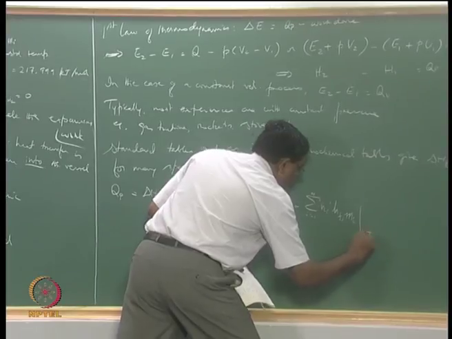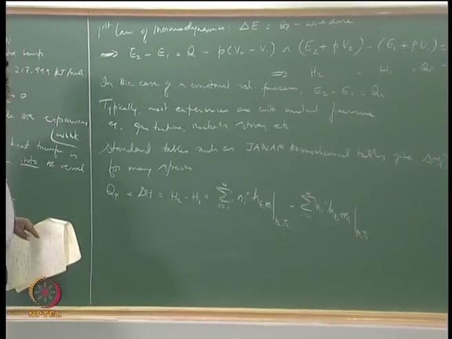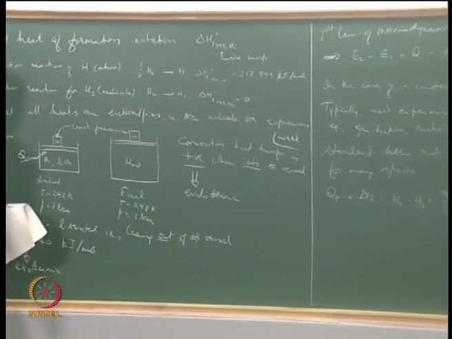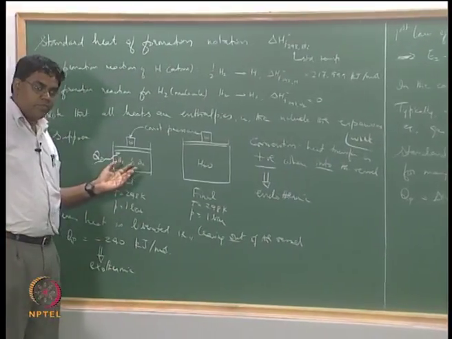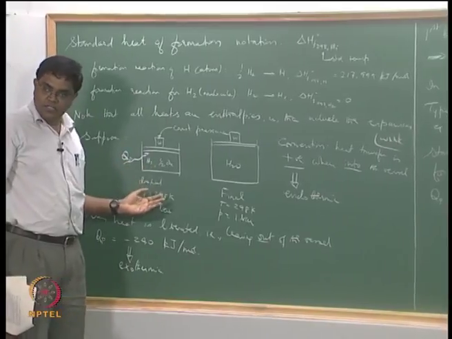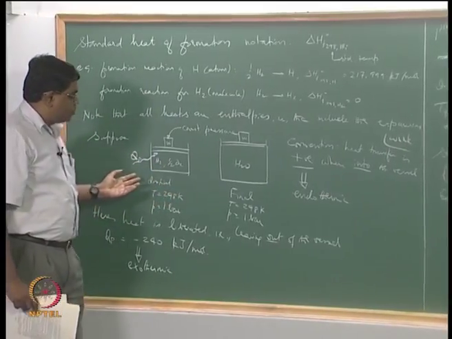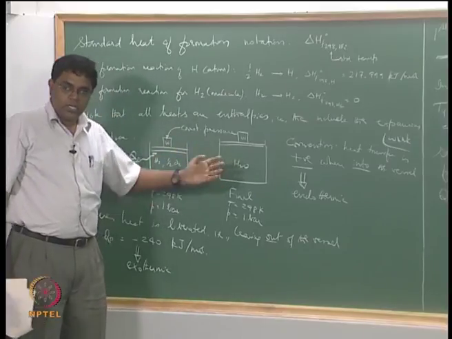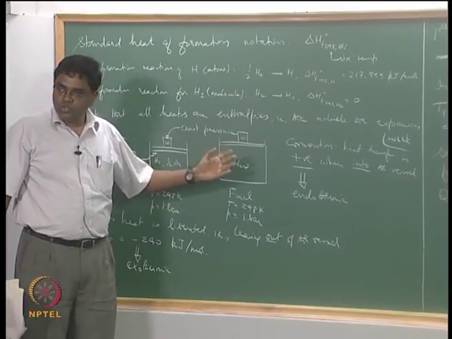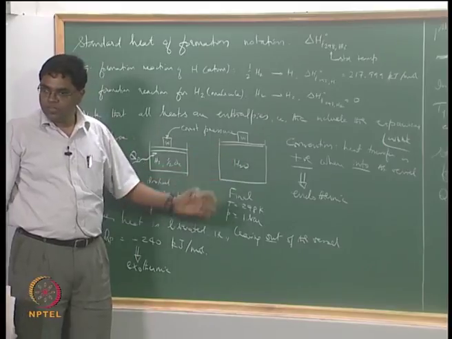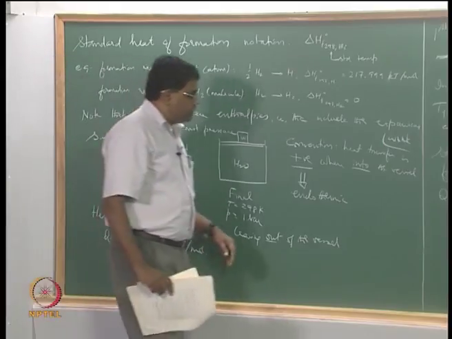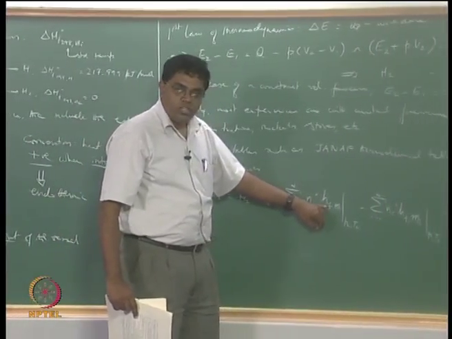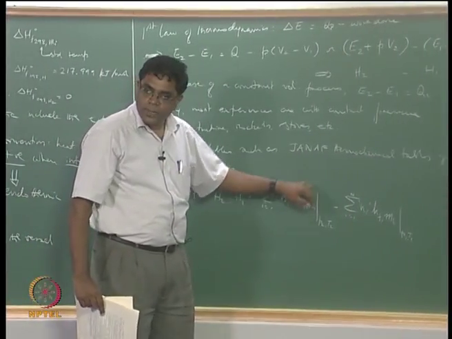P1 comma T1, which is to say you could now consider any process where we started out with certain pressure P1 and T1, doesn't have to be standard, okay, and you now go through the process of the reaction to get completed, and you now reach a different state P2 and T2, which has got nothing to do with the standard. Alright, if that is the case, then we note that we are not using the standard heat of formation here.